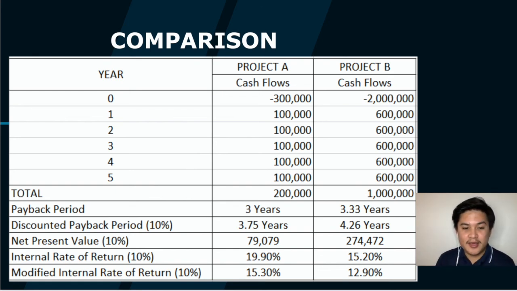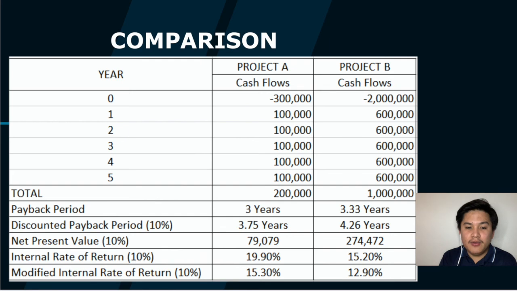However, project A provides more return per peso invested, as shown with the profitability index of 1.26 for project A versus 1.14 for project B. So if funds are limited, project A will be chosen.